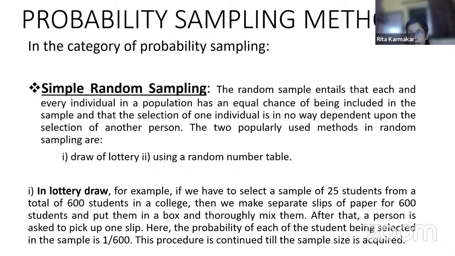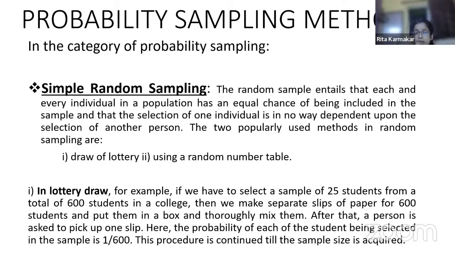What we need to do is make separate slips of paper, put them in a box, shuffle them and pick one by one. I pick the first one, maybe B is selected, so B is included in the sample, and then the second chit, maybe E. So B and E got selected.